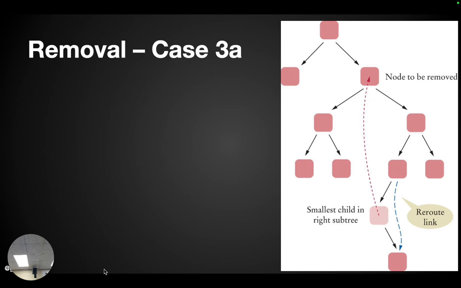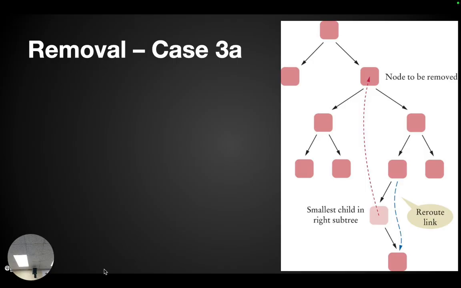Well, we want to get rid of this node, but we have these two children. And in the previous cases, we only had one or no children. So we could just put the child there and that makes a valid tree. But here, we can't put either one of these here because we would lose the other child, right?